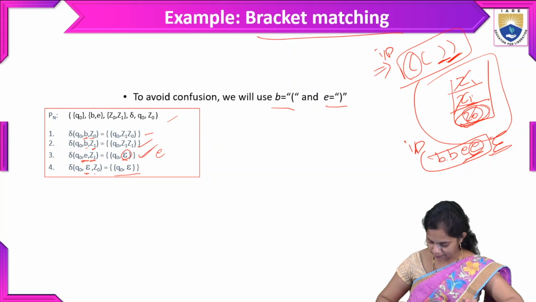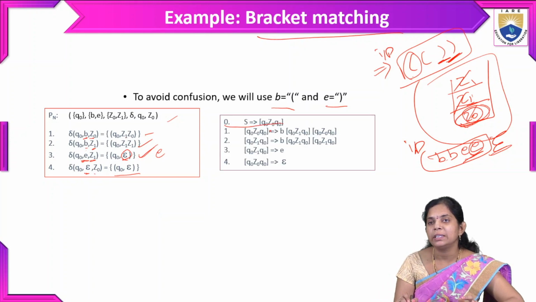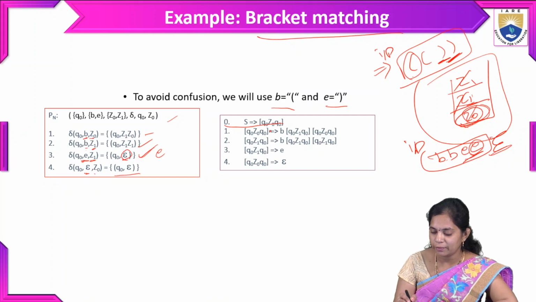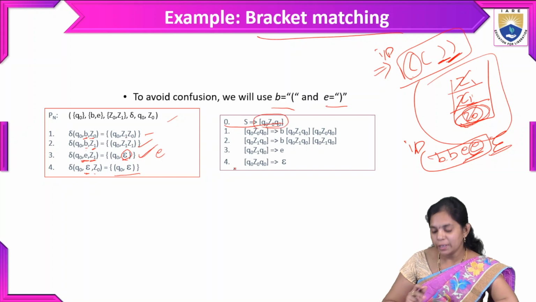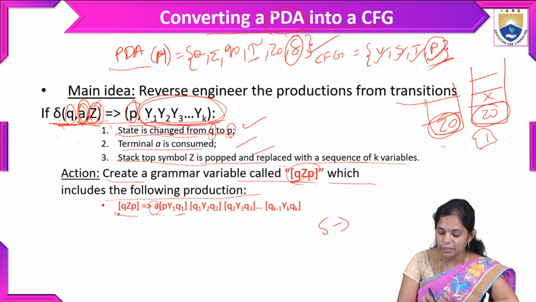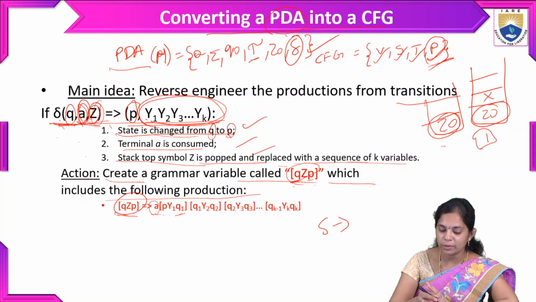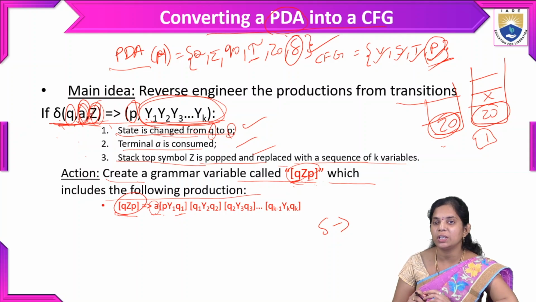How will we write? See, the first step is that we need to identify the initial state. So S tends to Q naught, S is equal to, as we already told. Here we need to write the equations in this form: the present state and the next state, and in between, the top of the stack symbol that is there initially.